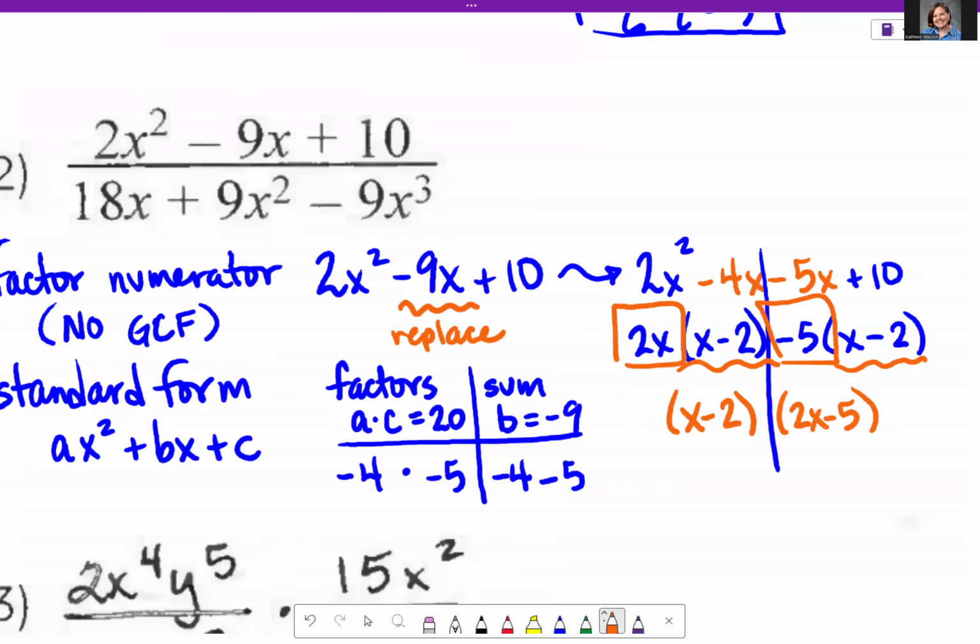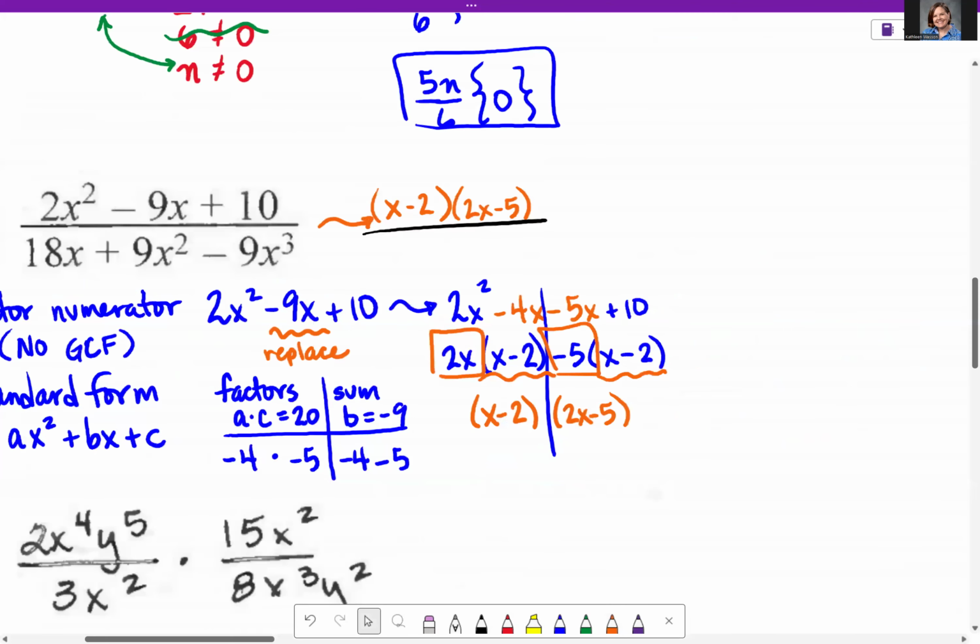And if you multiply these back together, it'll return back to the original unfactored polynomial. So I can write this numerator as x minus 2 times 2x minus 5. This is equivalent. I also need to factor the denominator.